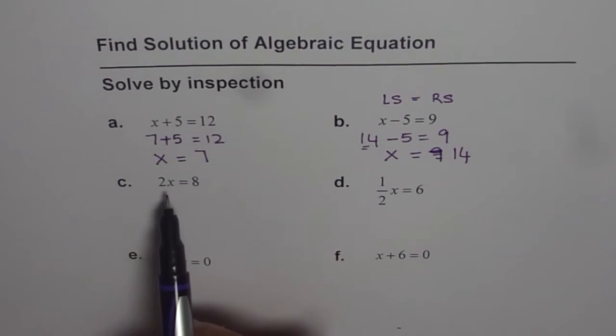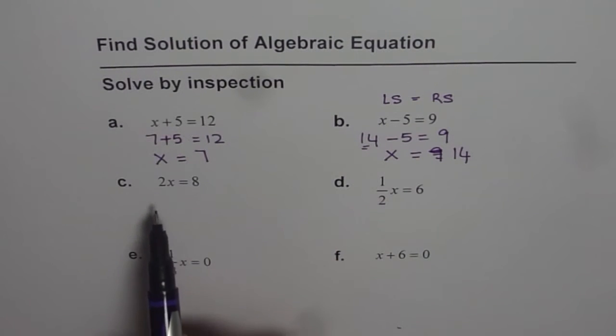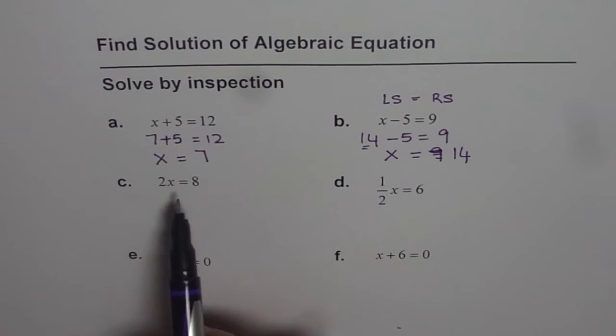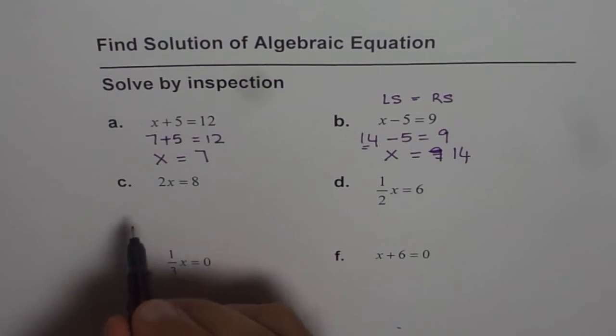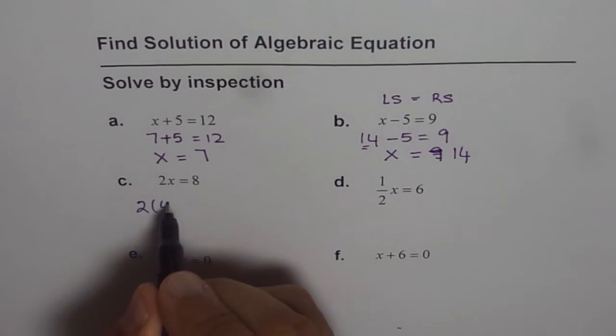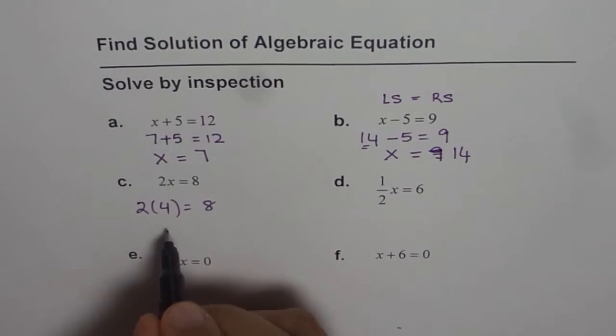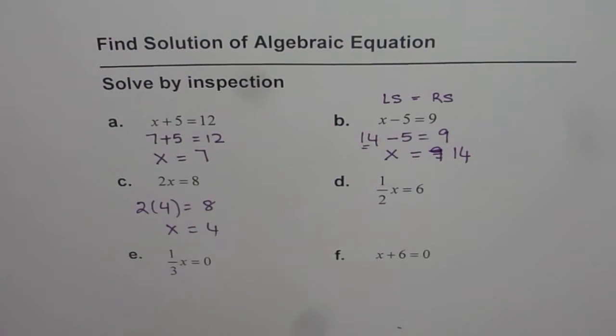When we say 2x equals 8, what should be the value of x so that I can make the left side 8? Twice what number is 8? 2 times what is 8? This is how you have to think. 2 times 4 is 8. So I can write this as 2 times 4 equals 8, and therefore x is equal to 4.